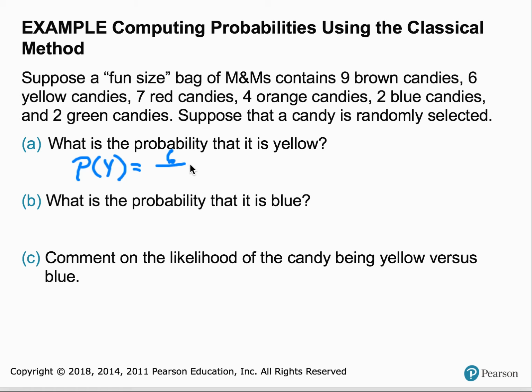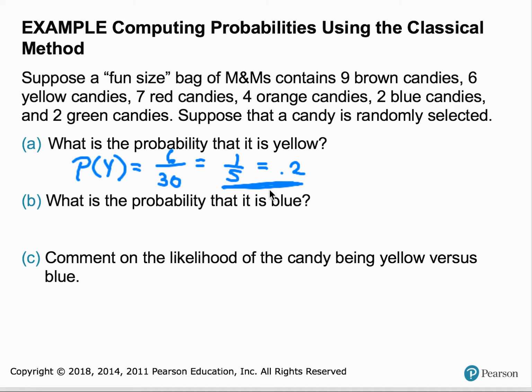Out of how many total candies were there? 9 plus 6 is 15, 22, 26, 28, 30. 6 out of 30, which is 1 out of 5, which is 0.2.